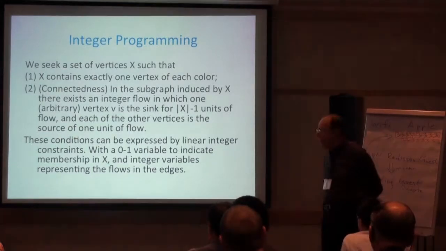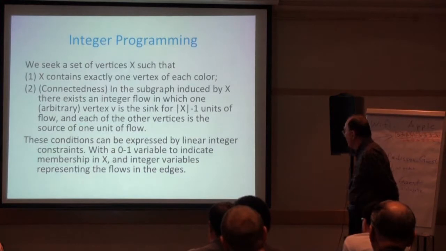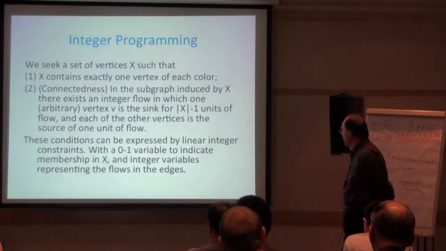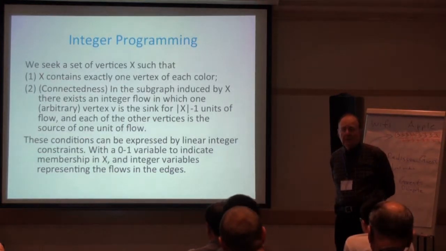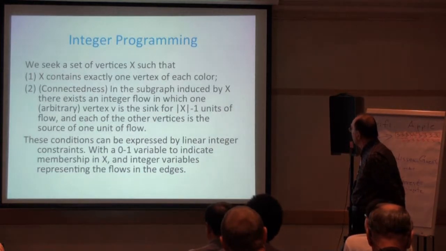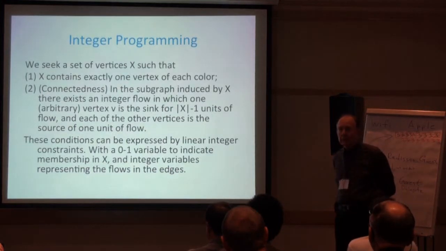And these conditions can be expressed by linear integer constraints with a 0, 1 variable to indicate membership of a vertex in the set X, and integer variables representing the flows in the edges. So this is a neat integer programming formulation which is useful up to a certain point.